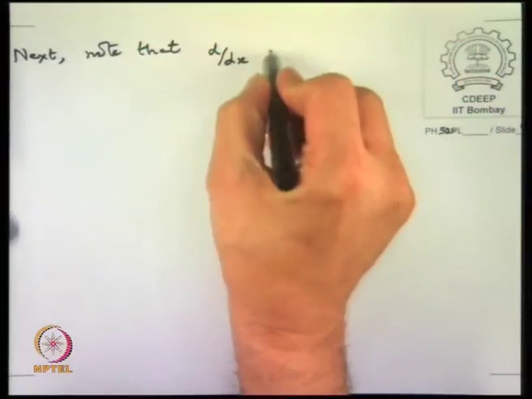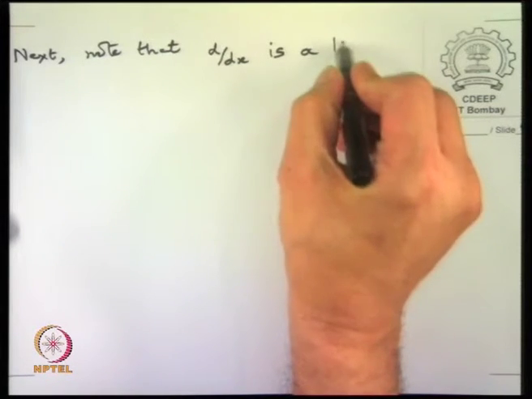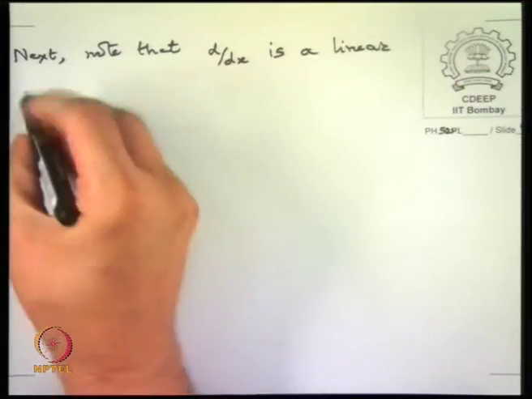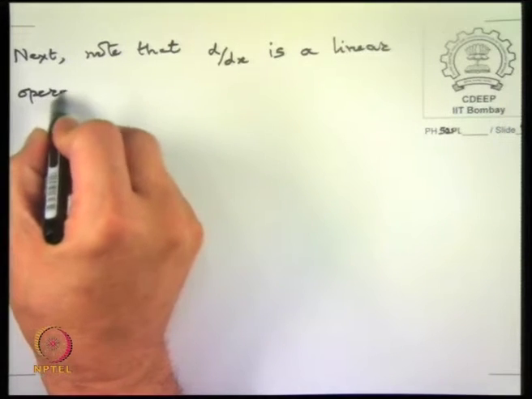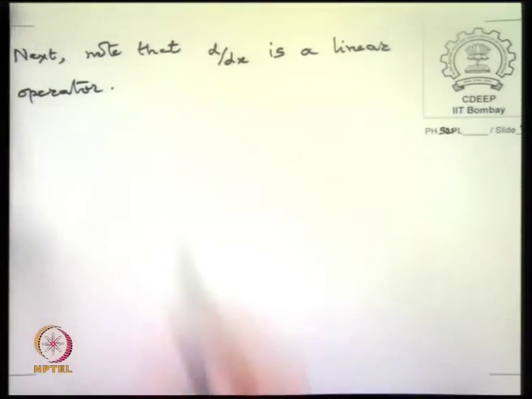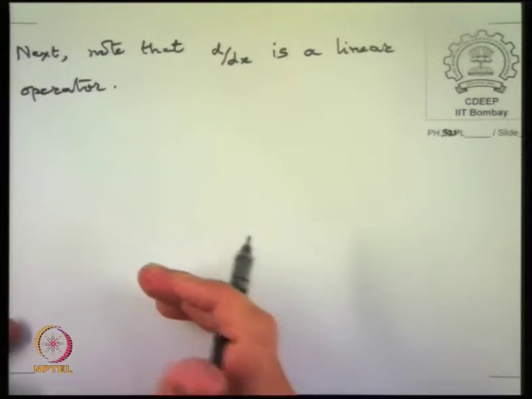Now the interesting point is two things. There is a structure of a dual vector space, which is slightly subtle, but the other thing which is familiar to us is differentiation. So differentiation is a linear operator. However, d by dx is not Hermitian.